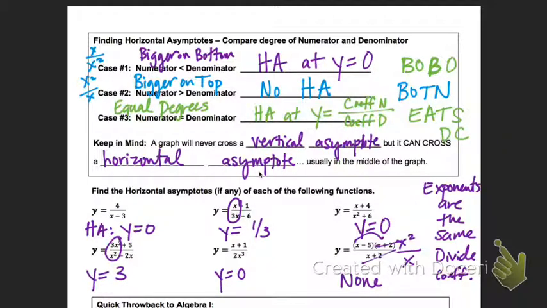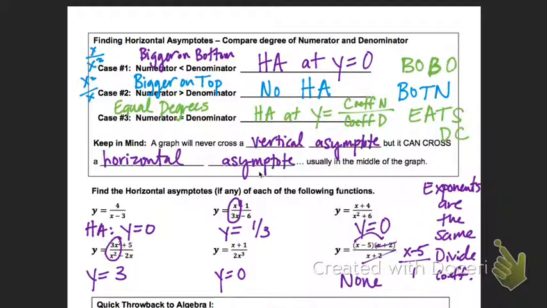That's a good point, David. I didn't even notice that. If I crossed out the x plus 2's, I would be left with x minus 5 over 1, or just x minus 5, which is a line. When you graph it, it's just a line. But there's no horizontal asymptote when you just have a line. It is still bigger on top: if you had that over 1, it would have an x on top and nothing on the bottom.